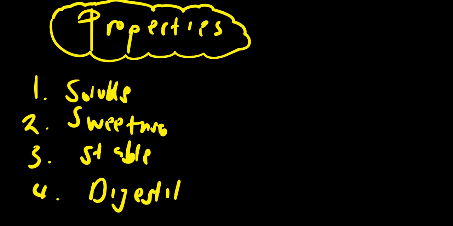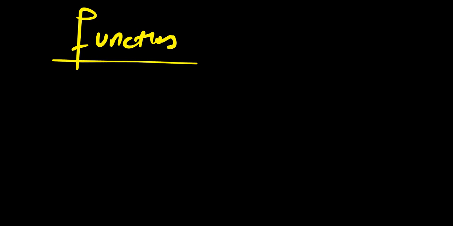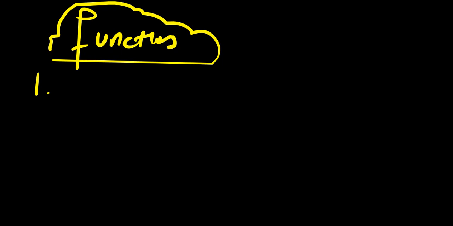In the digestion of these disaccharides, we find that disaccharides are broken down into monosaccharides during digestion. Then what are some of the functions that we can talk about for disaccharides? So just like any other carbohydrates, disaccharides will act as an energy source. So they are used in the production of energy.